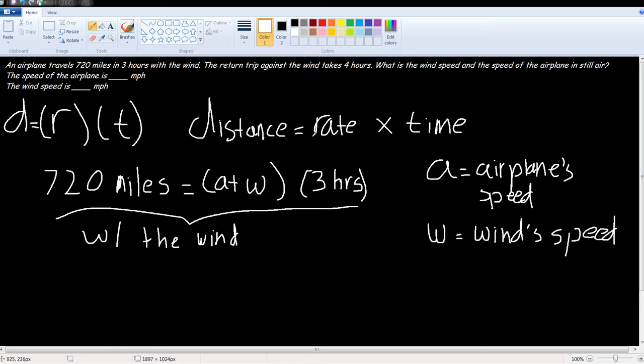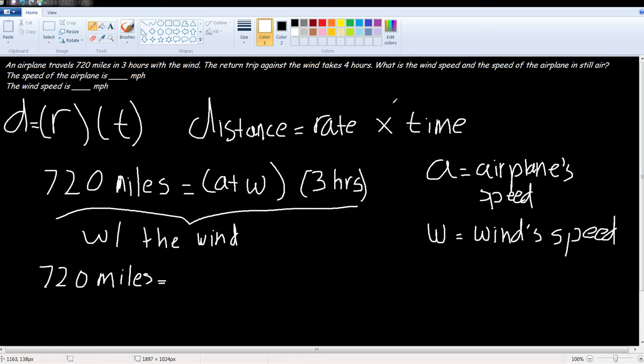Now for the second line, it says the return trip against the wind takes 4 hours. So the distance still stays the same, right? 720 miles. But what's our rate? Well, if we're going against the wind, it's going to be slower, right?